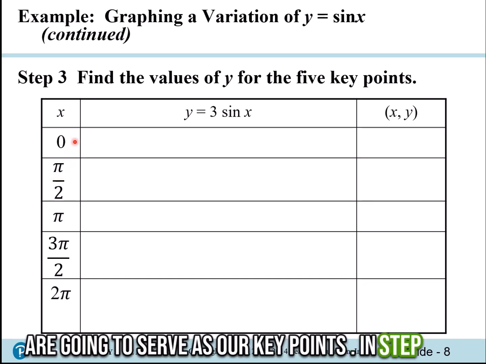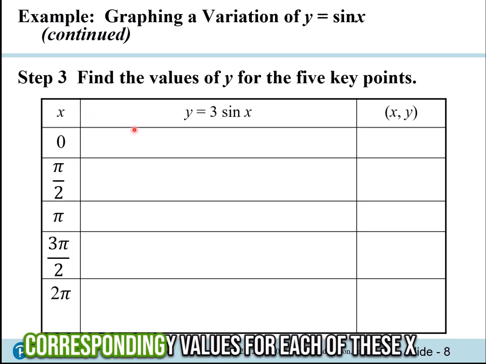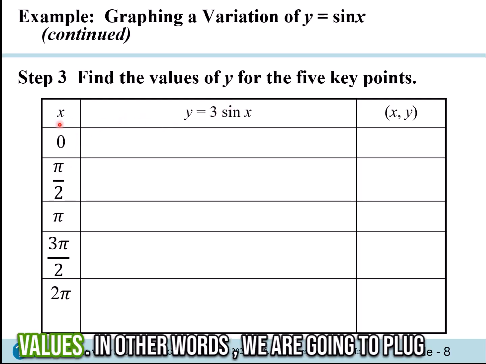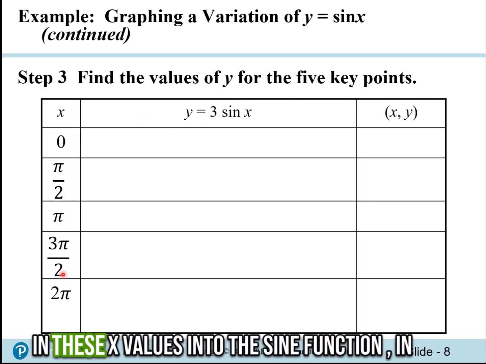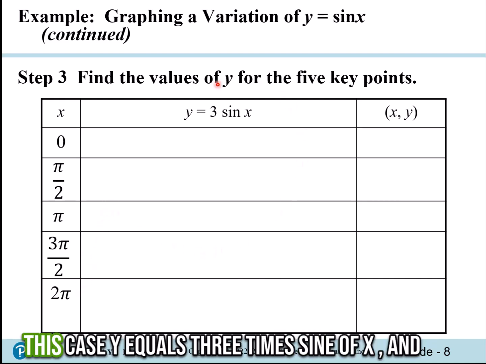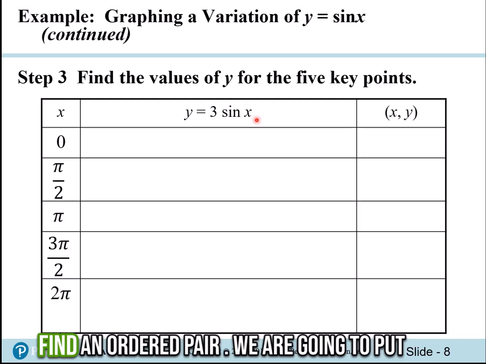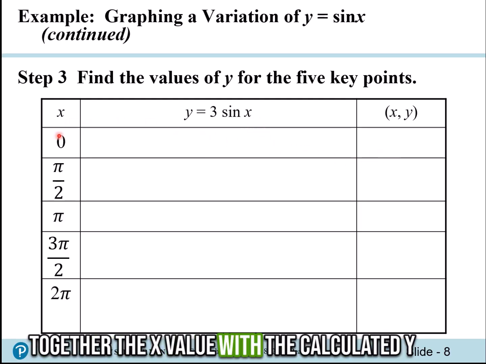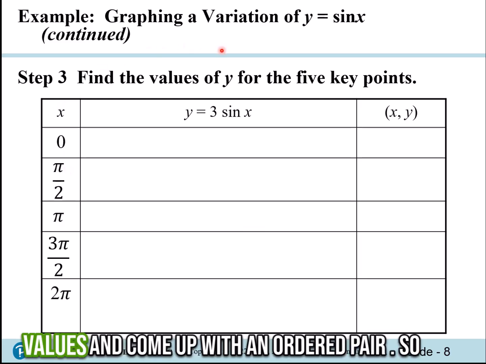In step 2, we found the 5 x values which are going to serve as our key points. In step 3, we evaluate the corresponding y values for each of these x values. In other words, we are going to plug in these x values into the sine function, in this case y equals 3 times sine of x, and find an ordered pair. We're going to put together the x value with the calculated y values and come up with an ordered pair.